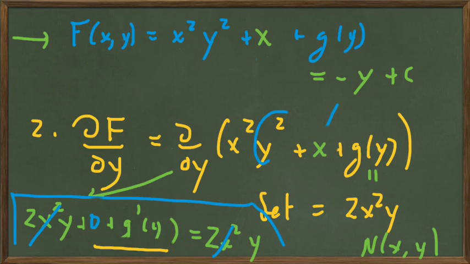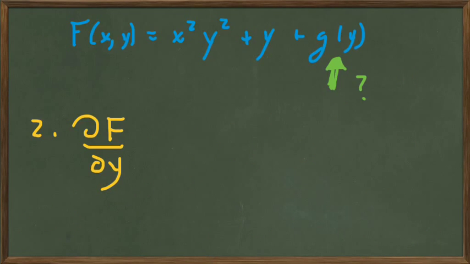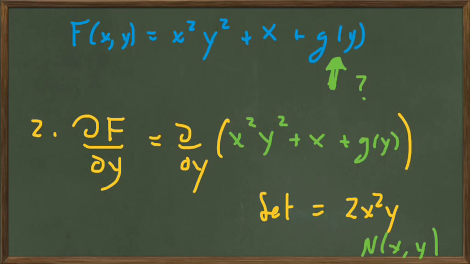Now we're going to take the partial of this f with respect to y, and we are setting that equal to the N of xy, which is 2x squared y.